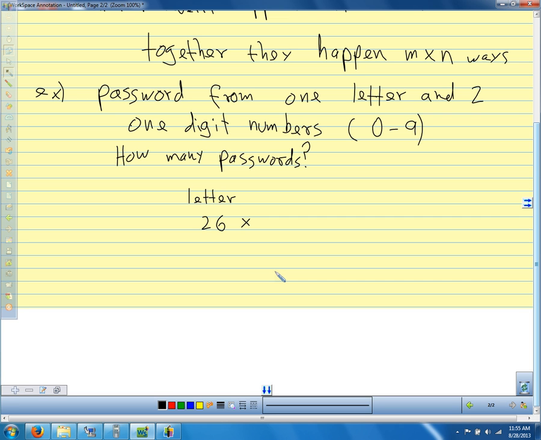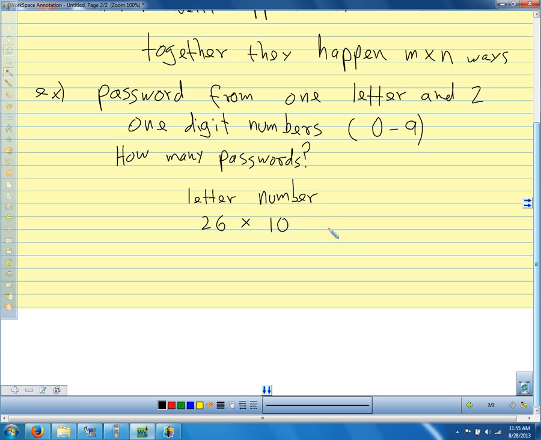How many one-digit numbers can we have for the second part of the password? 9 or 10? 10, because we're counting 0, so 0, 1, 2, 3, 4, 5, 6, 7, 8, 9, and 10 isn't a one-digit number. 0 through 9 is 10 numbers that we can pick.